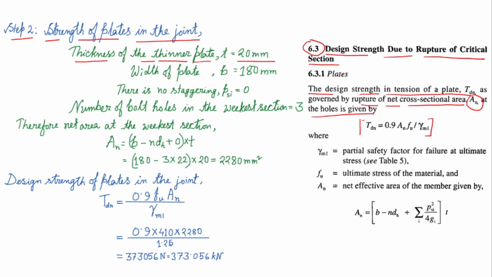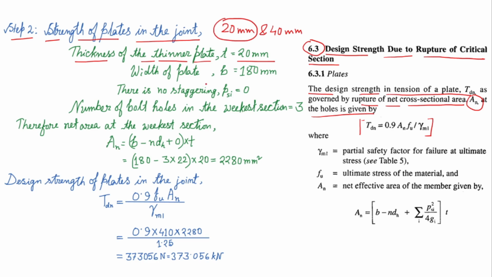So the t should be 20 mm. If the case is like that, one plate is 20 mm and the other plate is 40 mm, in that case we have to consider the thickness of the thinner plate as 20 mm.